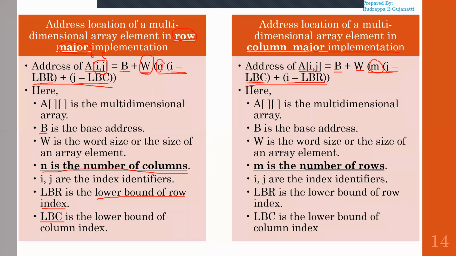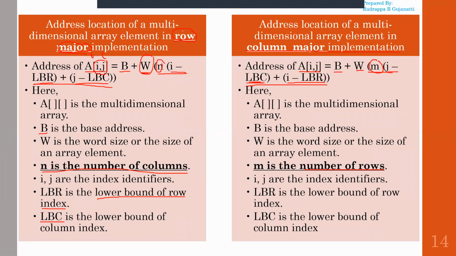So this is the parameter we'll be looking out for. These lower bounds have to be specified when you're dealing with these addresses. So now let us look at a problem and try to understand what is happening.